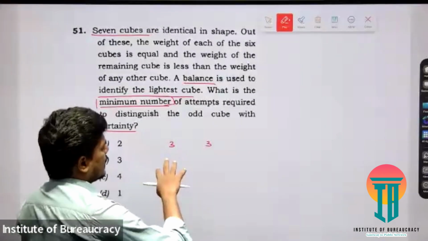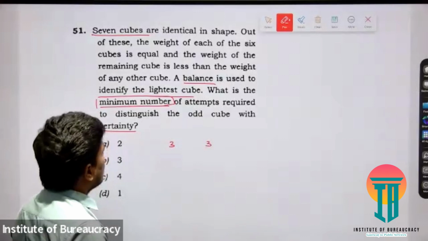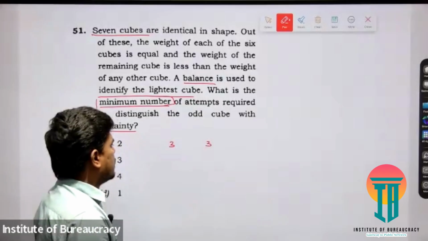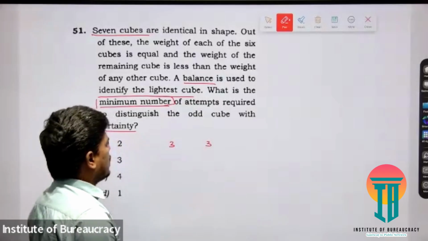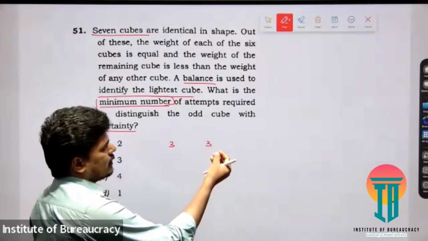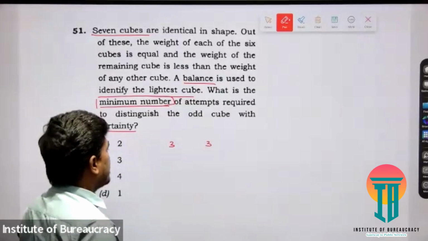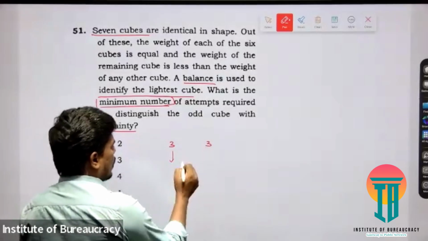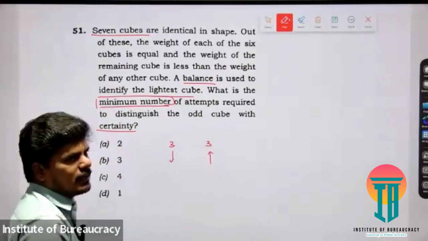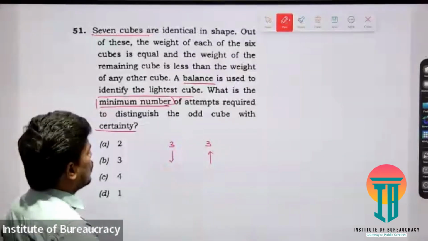If it is equal, then the odd cube is not among them, so the lighter cube is the one left out. If one side goes down and the other side goes up, then the side which goes up has the one less-weight cube.